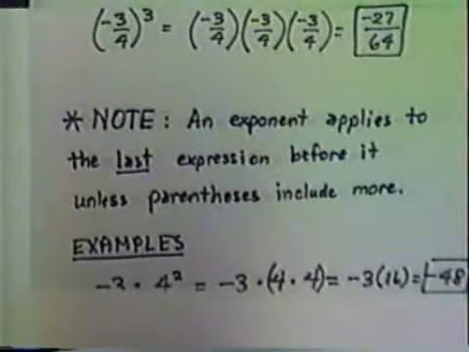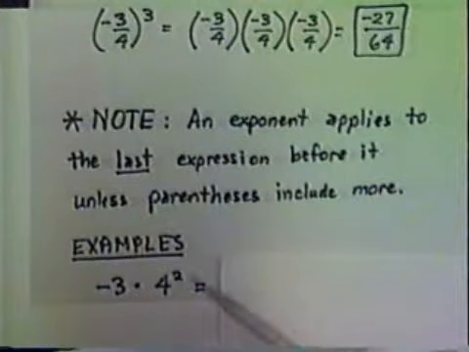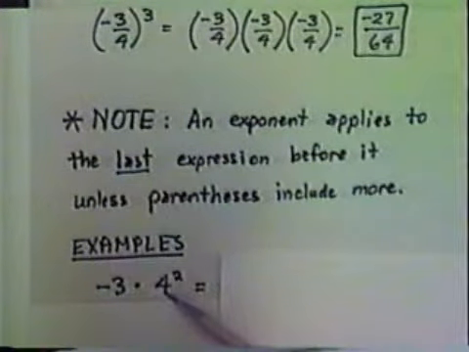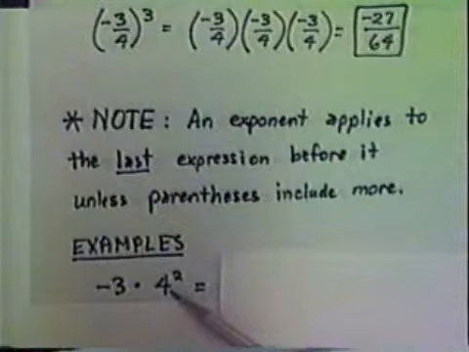For example, if we multiply negative 3 times 4 squared, notice the exponent 2 applies to the 4. It does not apply to anything preceding the 4. The exponent applies only to the 4.